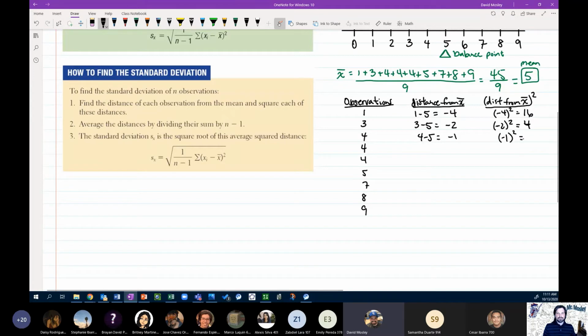Negative 1 squared is 1. And no reason to do that calculation again and again. Then we have 5 minus 5, 0. 0 squared is 0. 7 minus 5 is 2. 2 squared is 4.